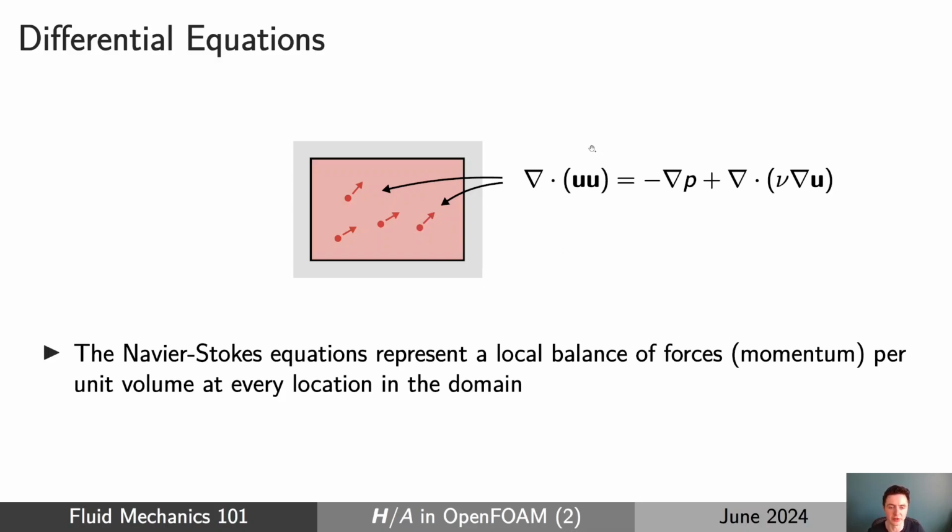Another way you can think of this is if you were to substitute in a velocity vector and a value of the pressure field, then at that location, the momentum from that velocity field would balance the pressure gradient and all of the terms in the equation, and momentum would be conserved. And when we have our converged solution, the Navier-Stokes equations are satisfied at every single individual point in the domain. And that's going to be very important for us going forward.